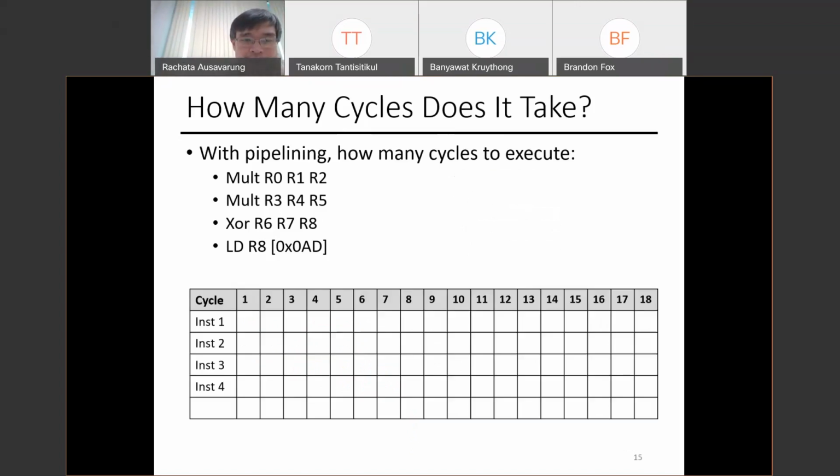So instruction 1: fetch, decode, right? And then for execute, how long would the execute stage take? 5 cycles, yep.